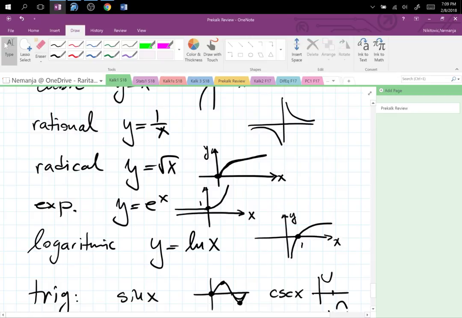Now, what I have issue with is the way the whole curriculum works, and that is that you learn constant functions, and then linear functions, and then quadratic, and then cubic, right?